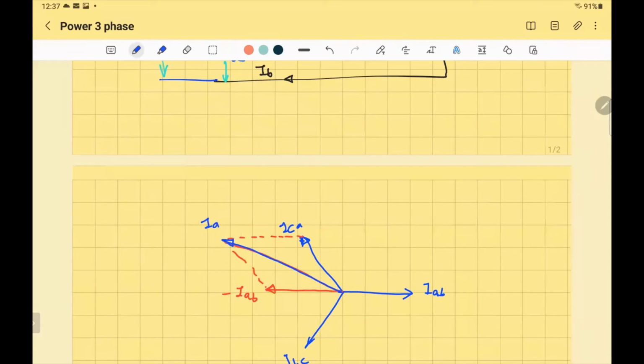As you know, we did that before. So now you want to find the relationship between line current and phase current. That's line current, and that's phase current.